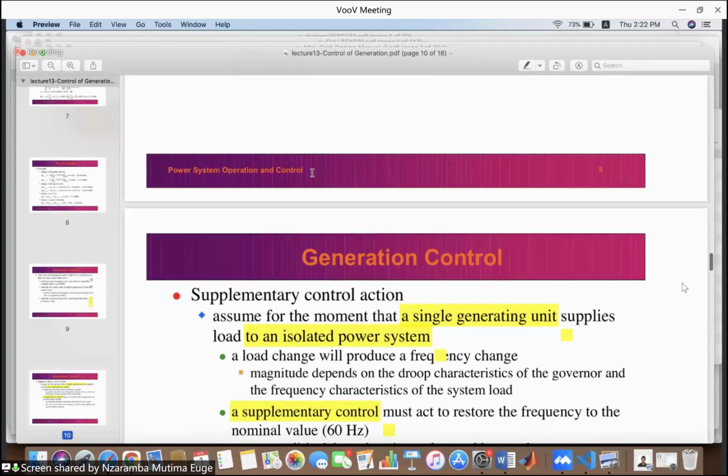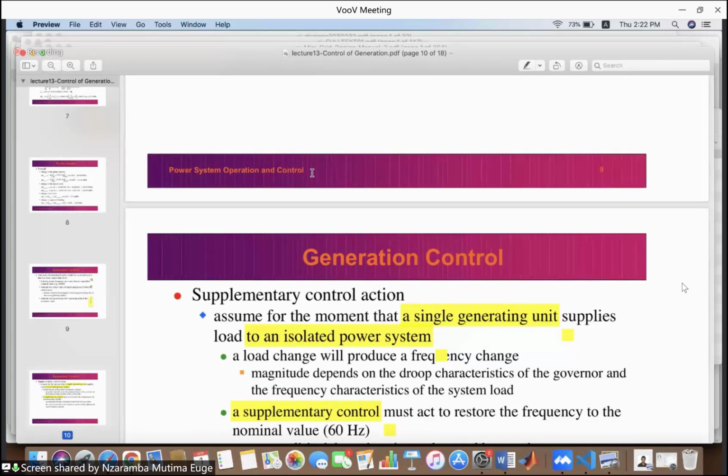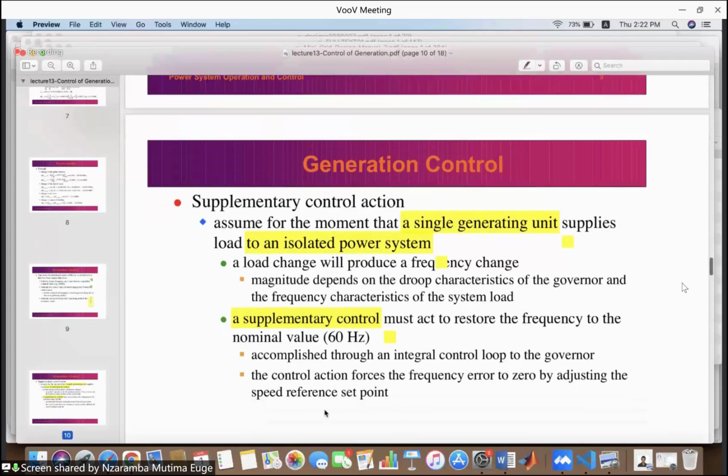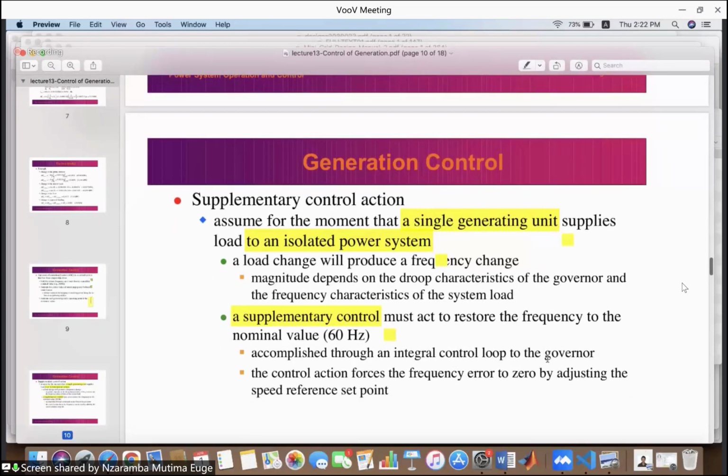The magnitude depends on the droop characteristic of the governor and the frequency characteristic of the system load. The supplementary control must act to restore the frequency to the nominal value, using a proportional and integral control loop to the governor. The control action forces the frequency error to 0 by adjusting the speed reference set point.